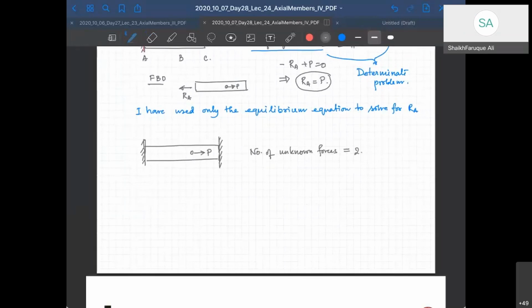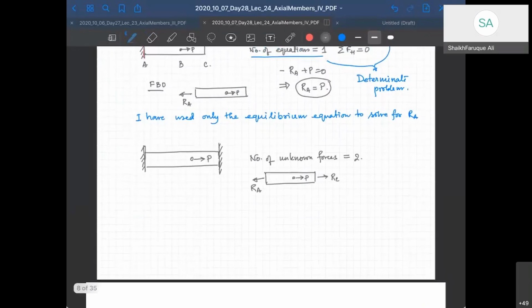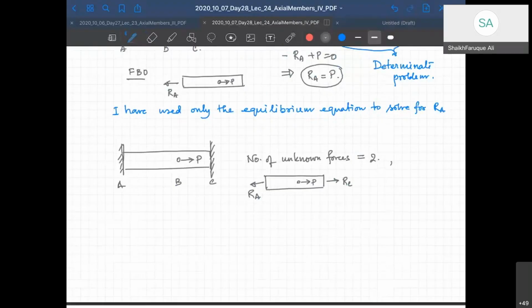What are these unknown forces? Draw the free body diagram. Here it will be RA, here it will be RC, A, B, C. So unknown forces are RA and RC. Equations: there is only one equilibrium equation as earlier, sum of force H equal to 0.